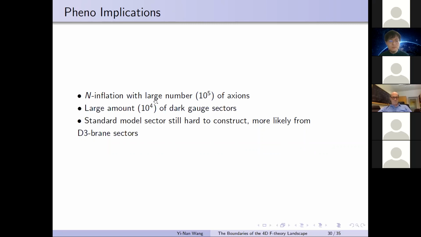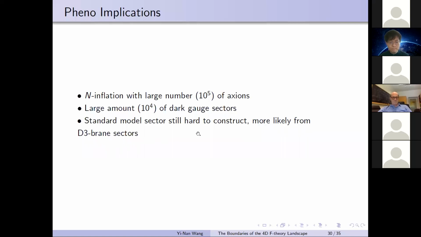The second point is that there exists a huge amount of dark gauge sectors, on the order of 10 to the 4th. However, the visible standard model sector is still very hard to construct from the D7 brane modes. And I would think that they are more likely from the D3 brane sectors instead.